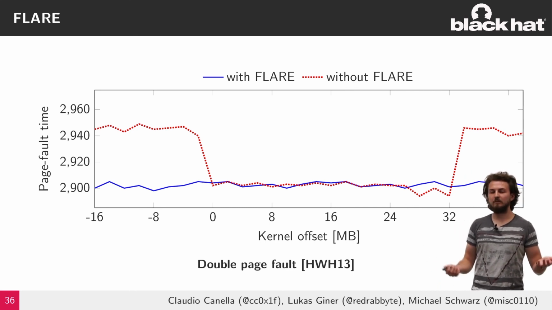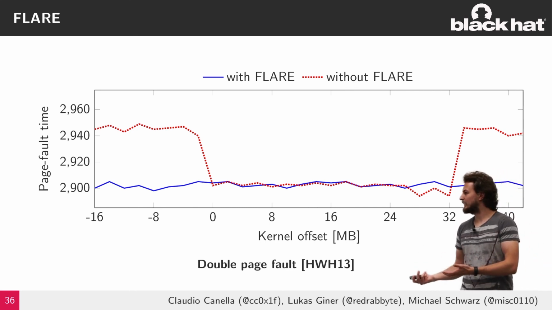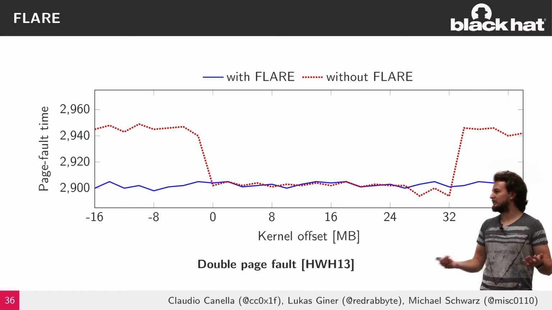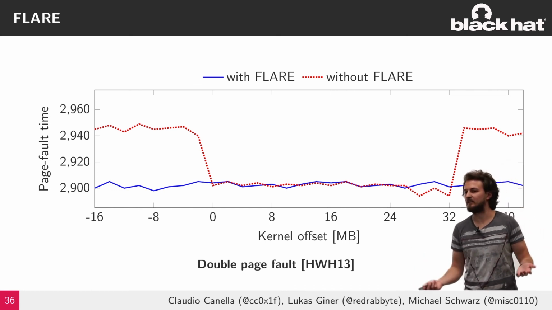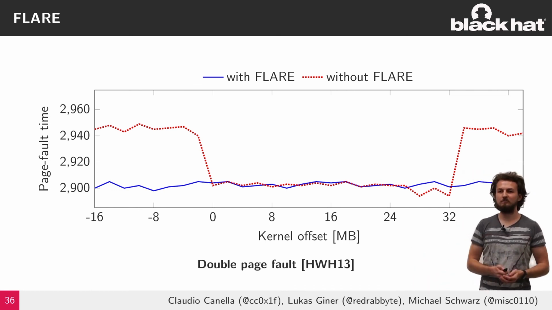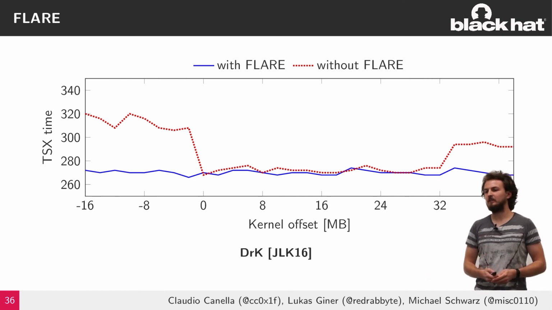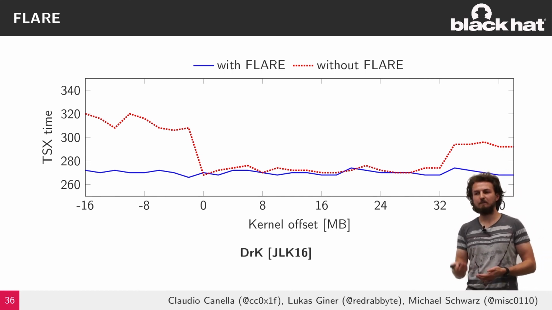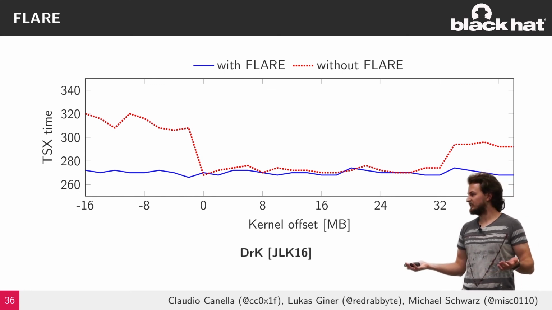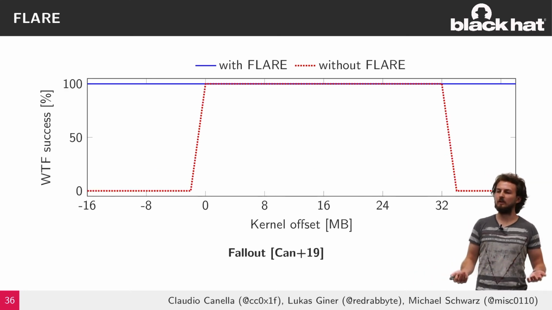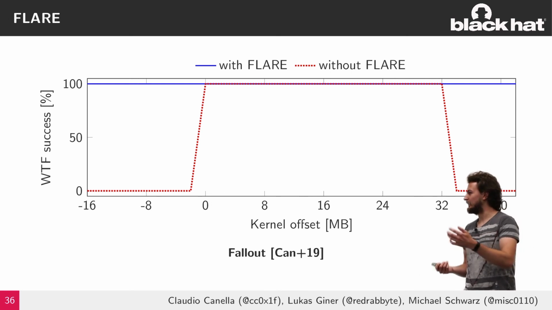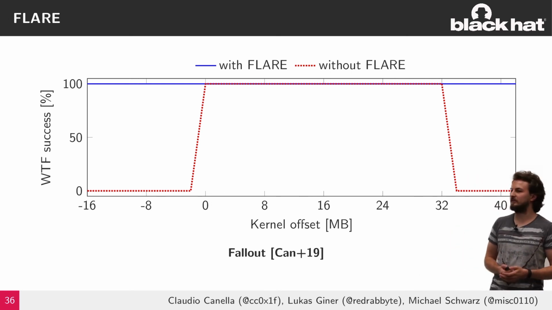The double page fault simply tries to access something twice and measures the timing difference, because if it's mapped, the second access will be fast. Also not possible anymore. DrK improved the double page fault by using TSX, so we also don't see it there anymore. And Fallout is also hidden, and Michael already discussed the difference with Fallout.